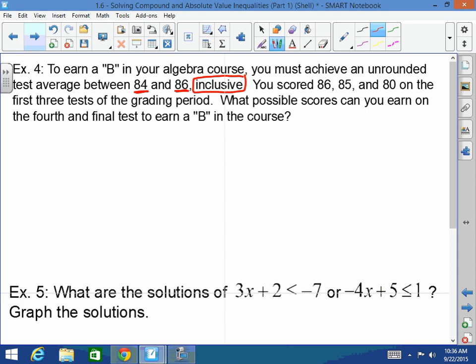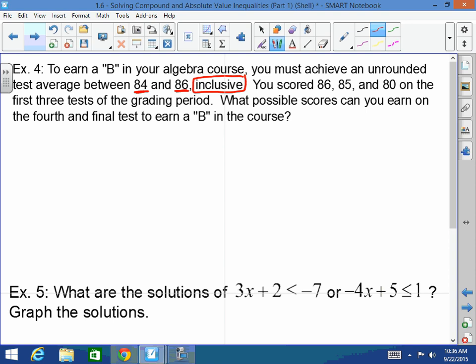Inclusive means that both of those numbers are included. You scored 86, 85, and an 80 on the first 3 tests of the grading period. What possible scores can you earn on the 4th and final test to earn a B in the course?